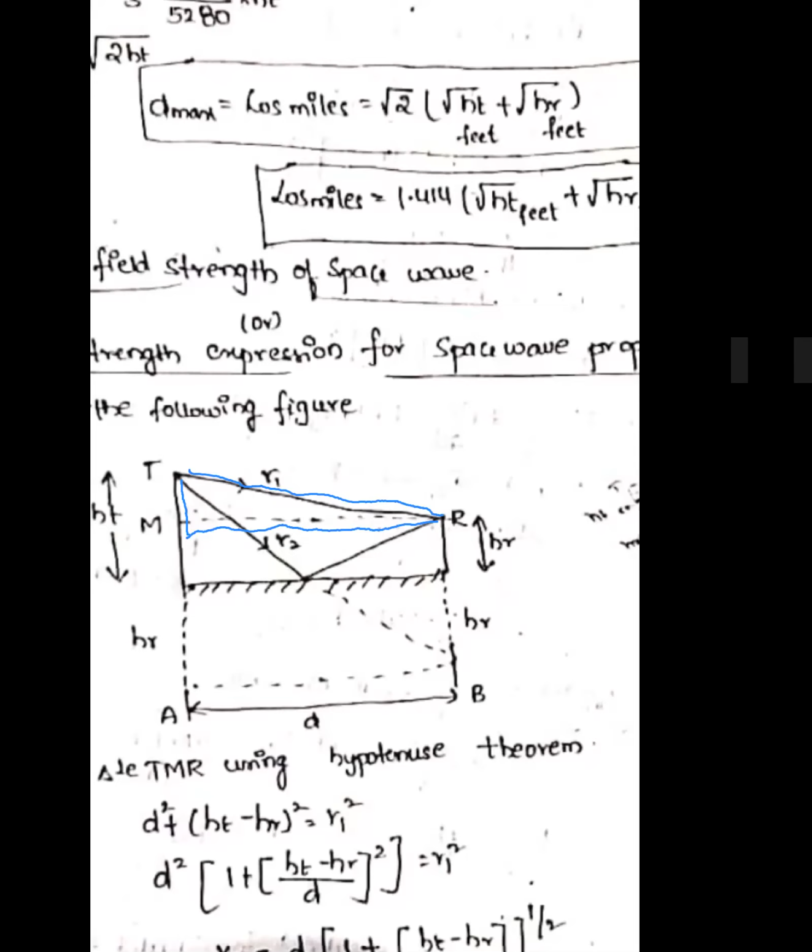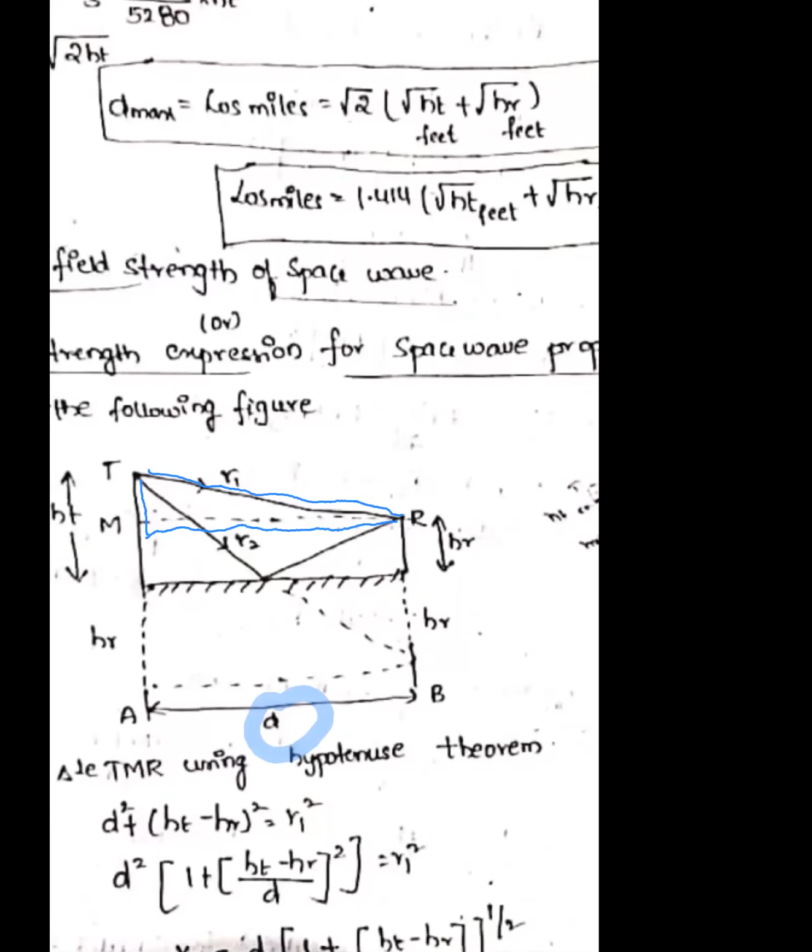See the distance, this distance is small d. This is a right angled triangle. Using the hypotenuse theorem, side square plus side square is equal to hypotenuse square. What is the hypotenuse here? R1. Side square, d square, plus, understood this one? See, this complete height is ht.